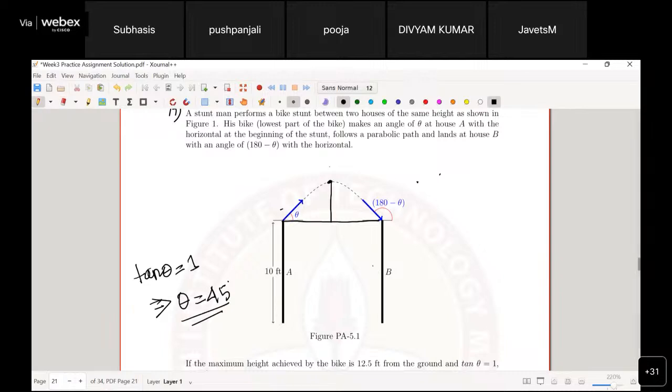The opposite side, it was given that the angle was 180 minus theta, which is 45.